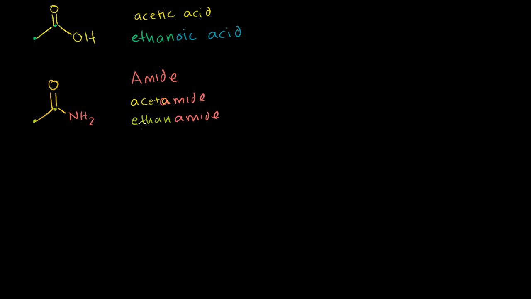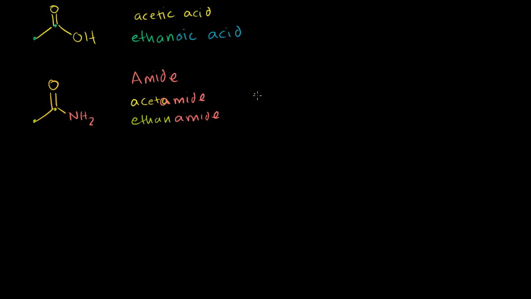Now, the natural question is, all amides won't just be primary. You might have other things other than hydrogens attached to the nitrogen, other radical groups, other carbon chains. So how do you name those? If you had a molecule that looked like this, and actually let me change things up a little bit so that we diverge a little from the ethane root.